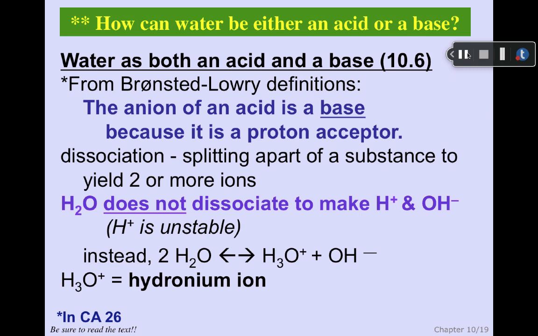When you have water in an aqueous media situation, it has the ability to dissociate. It splits apart to make two or more ions, but it doesn't automatically dissociate to make hydrogen ions and hydroxide, though you may have thought of it that way on occasion, because the hydrogen ion doesn't exactly occur by itself, which we discussed in another POGIL activity recently.